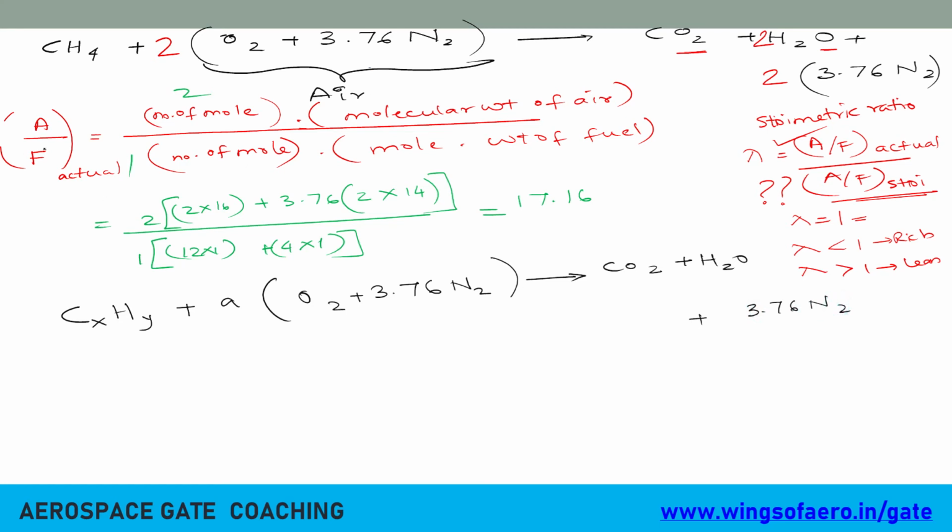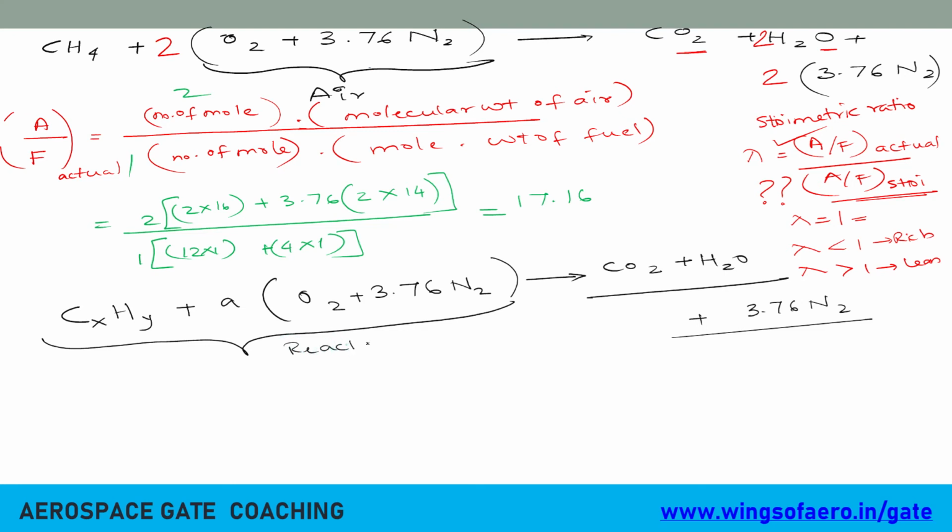Now to find this stoichiometric ratio, the product is not that important, but the balancing of the reactants is. I have already explained what a reactant and a product are. The reactant combination plays a very important role, because only this will tell you whether the combustion is perfect, complete, or has excess air.